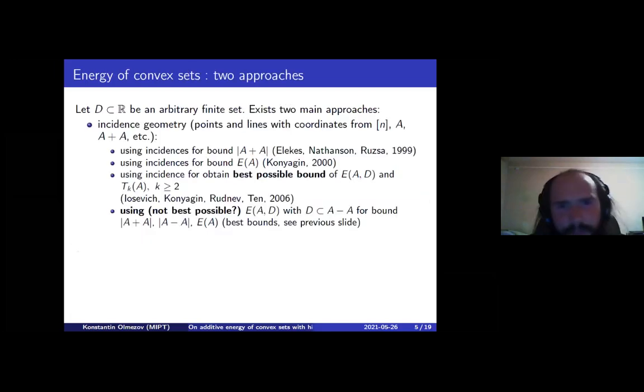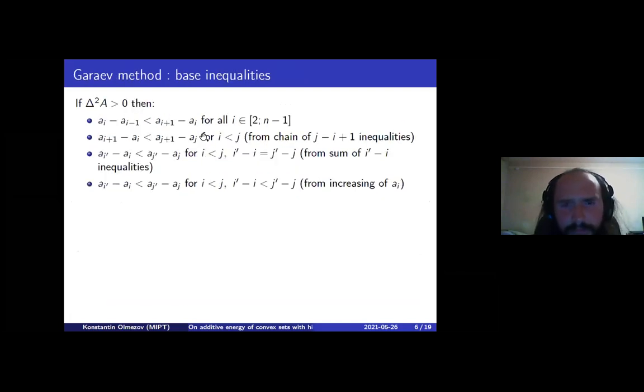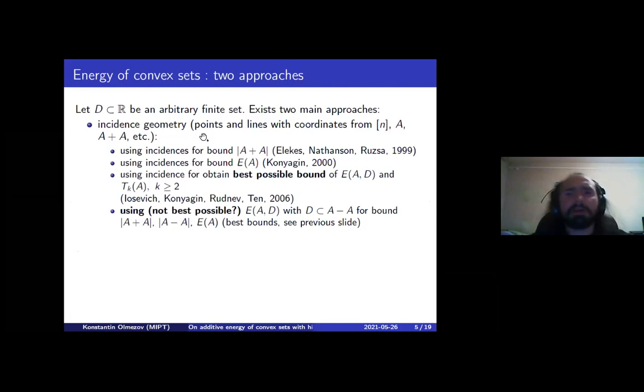I will say only a few words about history. There exist two main approaches to obtain bounds on the size and energy of convex sets. First, a very powerful approach is incidence geometry.